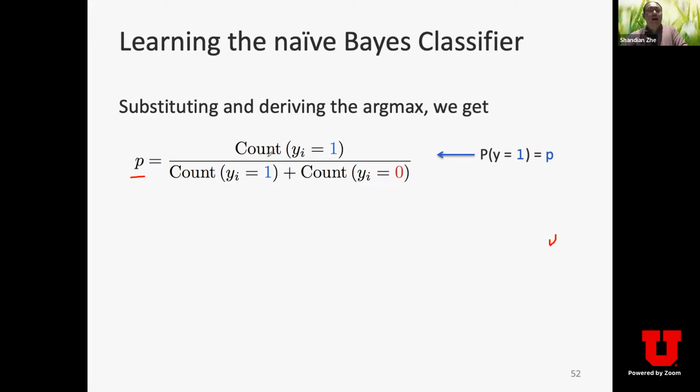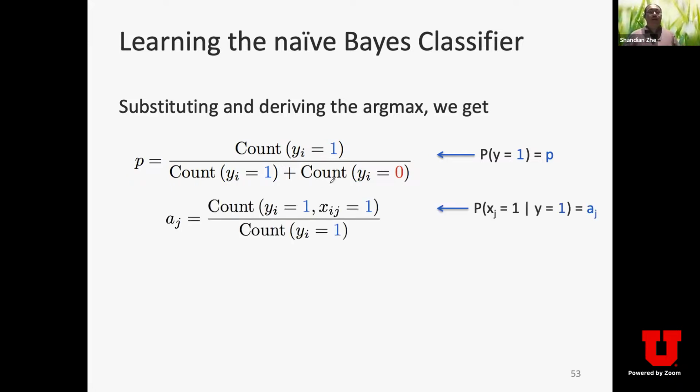Count yi is 1 just means you look at all the training examples and see how many are positive, then divide by the total number of examples, which is basically the size of the training data. So p is simply the ratio of positive examples in the data.